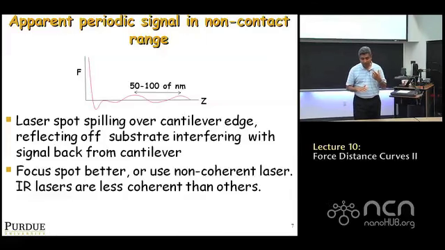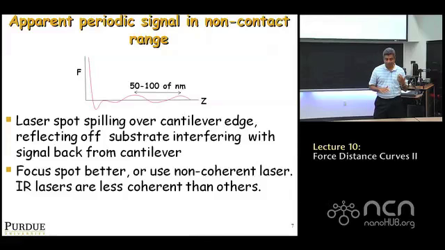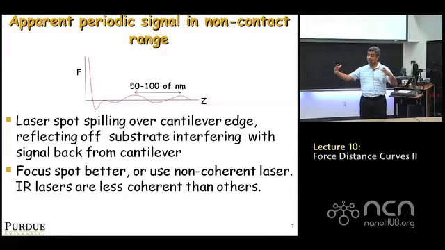This is a very common thing that happens, and basically it has to do with the fact that typically the lasers we use for monitoring cantilever deflection have wavelengths around, let's say, 600 nanometers, sometimes 400 nanometers. So what ends up happening is the laser spot falls on the cantilever, but if it's not perfectly positioned or if the laser spot is much bigger than the cantilever, some of that signal falls on the sample and comes back to the photodiode, right?